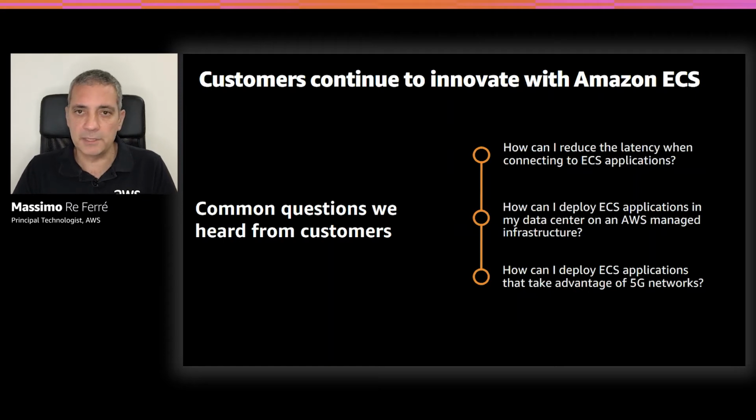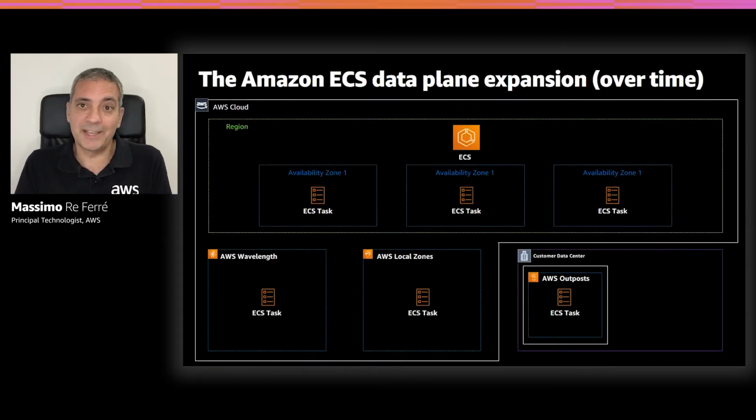Other customers were asking us how they could take advantage of the new 5G network that we're starting to see coming to life. That's how we increased the flexibility of the data plane for Amazon ECS by introducing support for things like AWS Wavelength, AWS Local Zones, or AWS Outposts. In particular, AWS Outposts is a new service that allows customers to use AWS managed infrastructure inside their data centers.